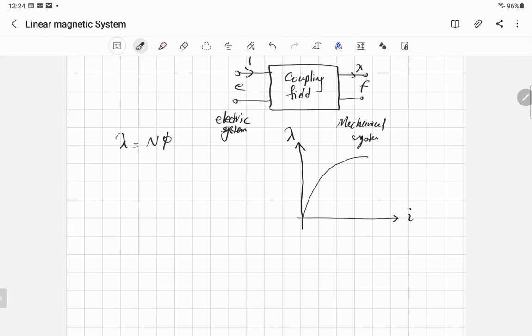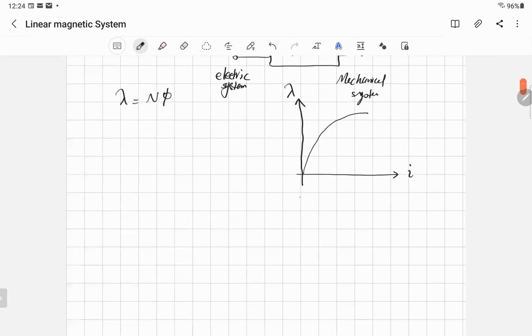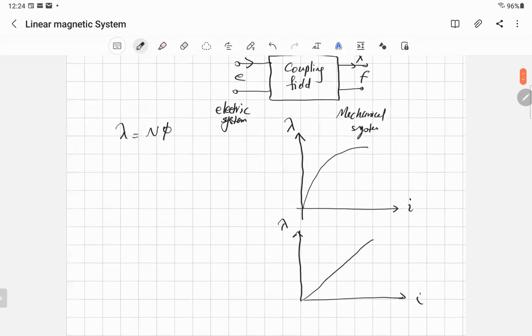So maybe the first portion is linear and then starts to bend when you are using an iron core. But for air, it has only mu naught, and it's considered to be linear. So we have two cases. We work in the general case, where it has a linear portion and then saturates, so it's nonlinear in general.